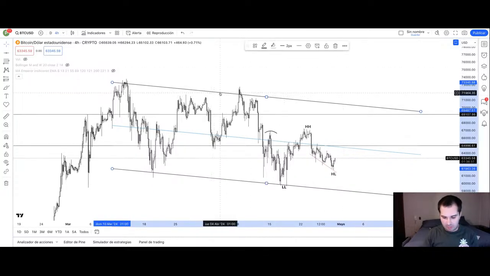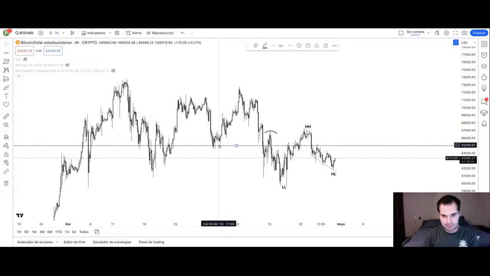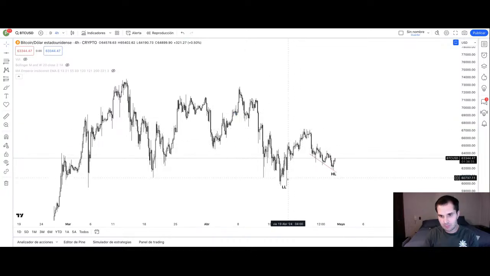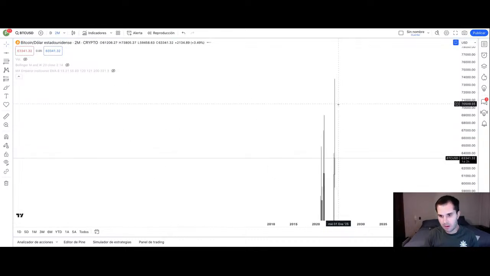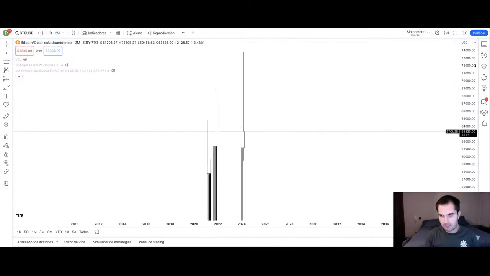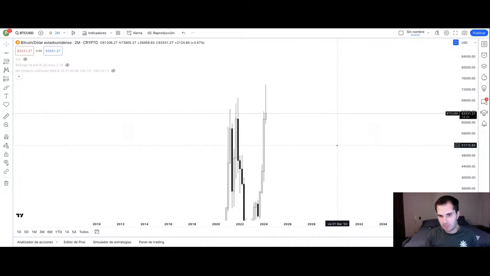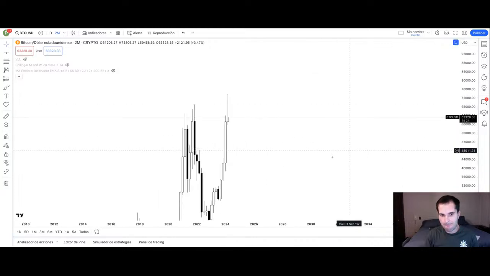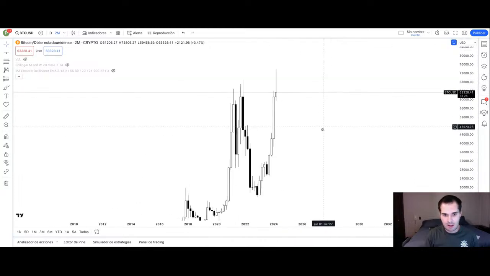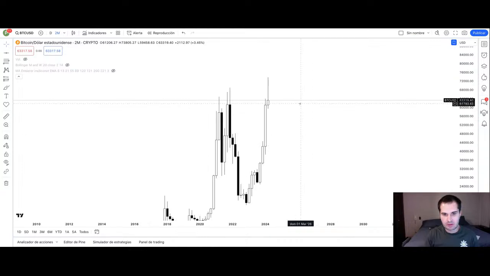Again, I'm gonna clean this up. This is an important setup for me, at least, closing on the 2-month time frame tomorrow. And why do I say it's important?